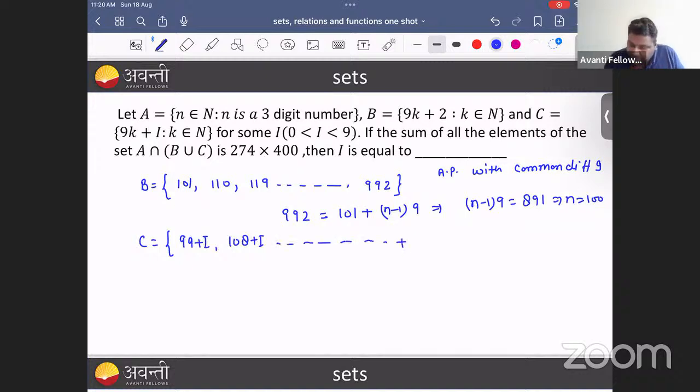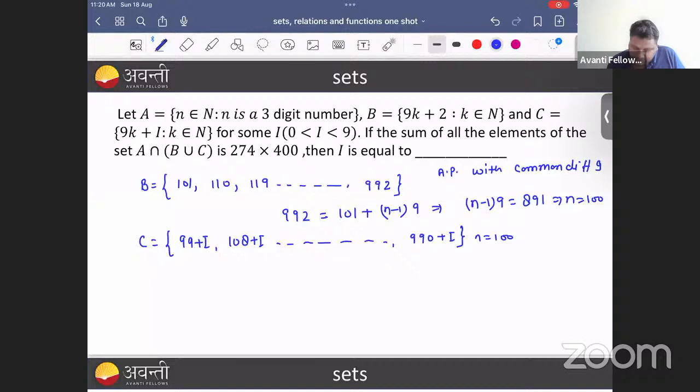Last number will be 990 plus I. So again the number of numbers is 100. Got it?